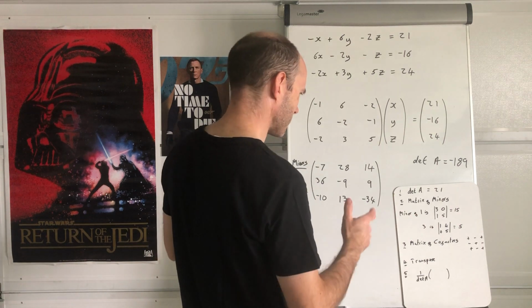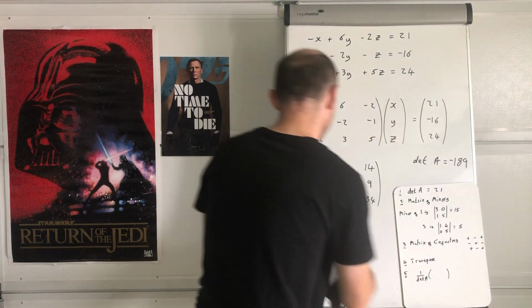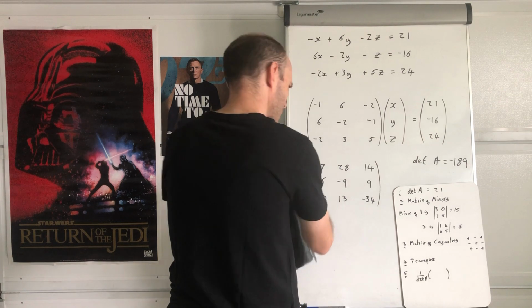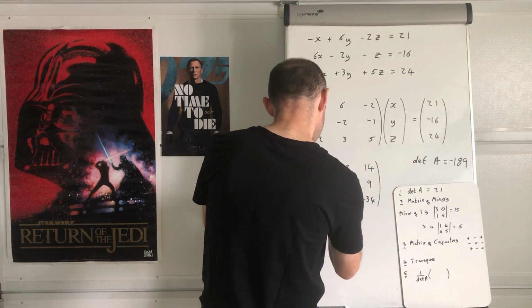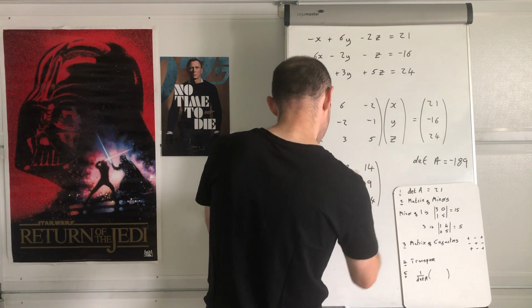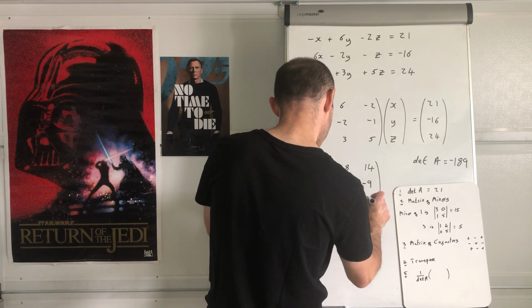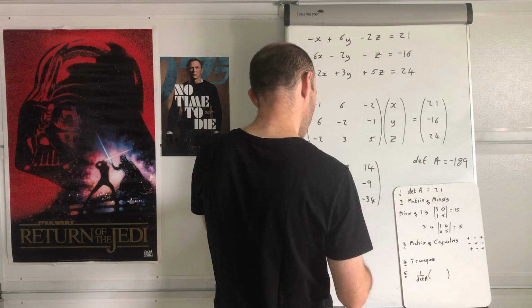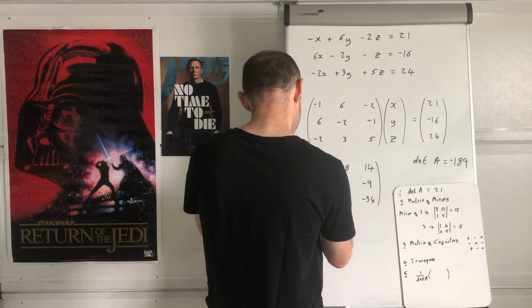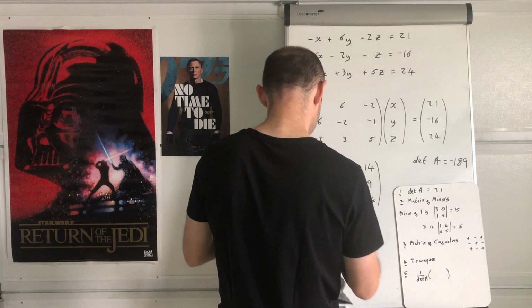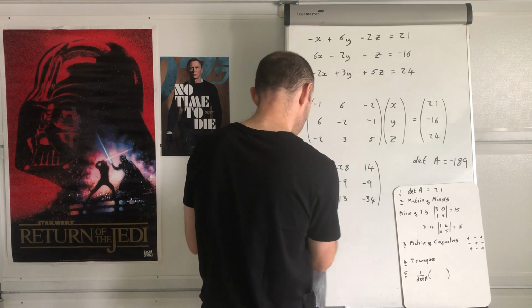Matrix of cofactors. What I'm going to do is just do the multiplication here. So plus, minus, plus, minus, plus, minus, plus, minus, plus. And then divide by negative 189, so over 189, and just get rid of these negatives there.